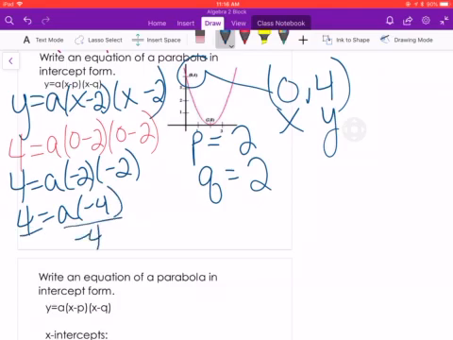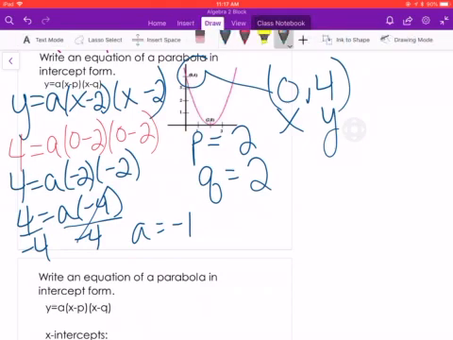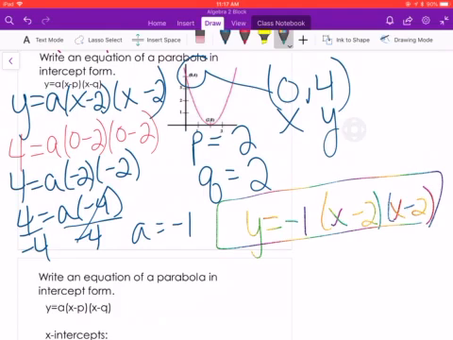Divide both sides by -4. And A equals -1. So my final answer then would be Y equals -1 times X minus 2 times X minus 2. Substituting that back in.